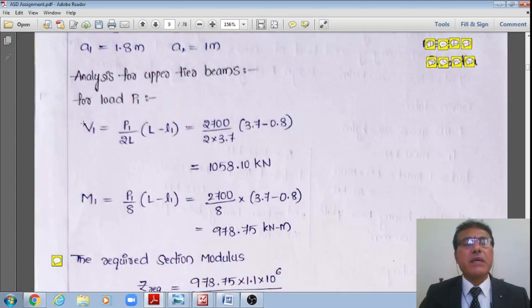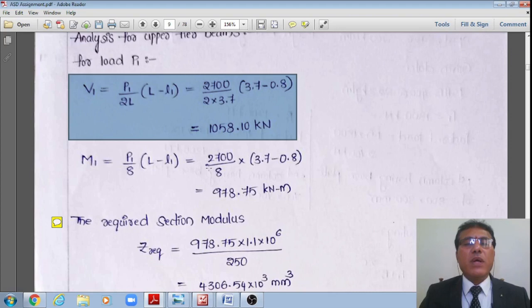Therefore, all these are the factored shear forces and factored bending moments, right? V1 is equal to P1 divided by 2L multiplied by capital L minus small l1. Factored load is equal to 2700 divided by 2 multiplied by 3.7 minus 0.8. It is transmitting a factored shear force of 1058.1 kilonewton.